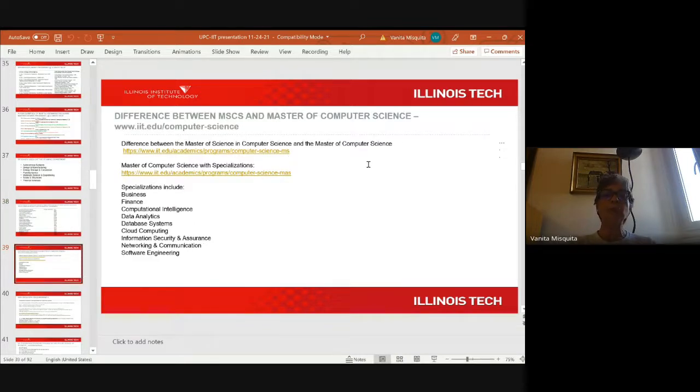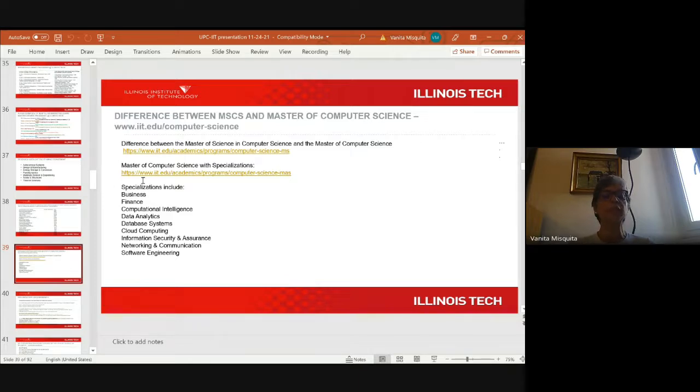If any of you is interested in our computer science department and any of the master's degree programs it offers, please note the difference between the MSCS and the Master of Computer Science. The MSCS allows you to continue for a PhD. The Master of Computer Science is more applied and does not prepare you for a PhD.